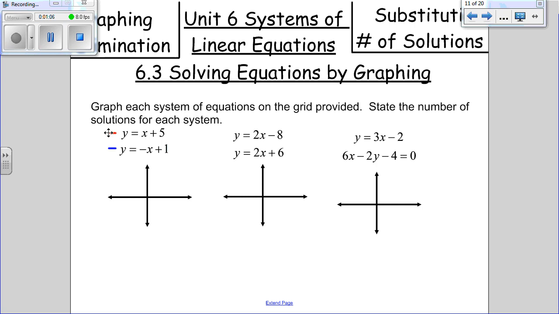That means I know this red line should have a y-intercept at 5, roughly about there. And I know that it should be going up 1 over 1, so it should make a line somewhat like that. The blue one has a y-intercept at positive 1, estimating it to be there.